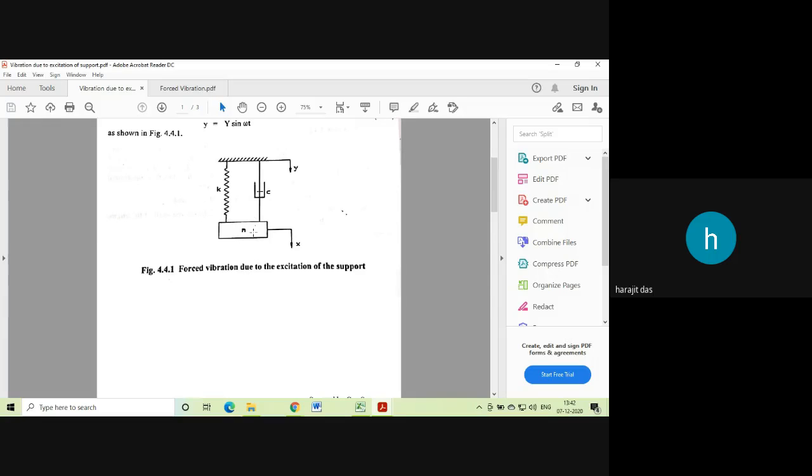While the body was displaced in the downward direction by x, with a displacement of the support as y, the spring was stretched. So the spring force will act, but there will be a relative displacement as well as relative motion.